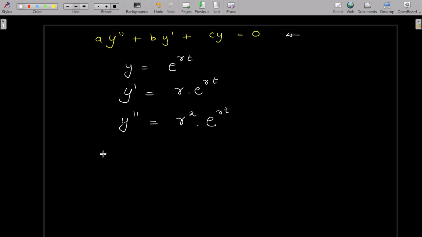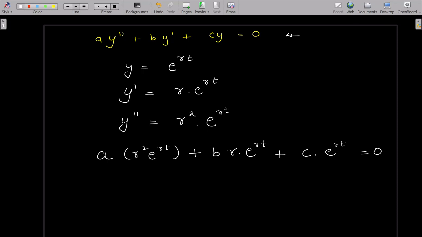So we get a times r square e to the power rt plus b times y dash, which is r times e to the power rt, plus c times e to the power rt equals 0.